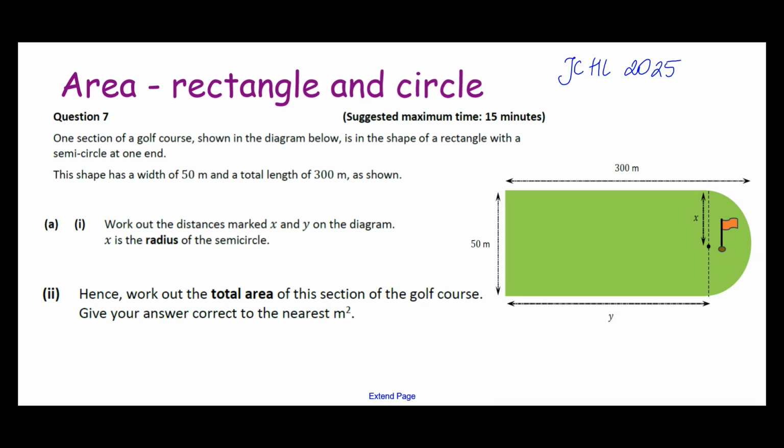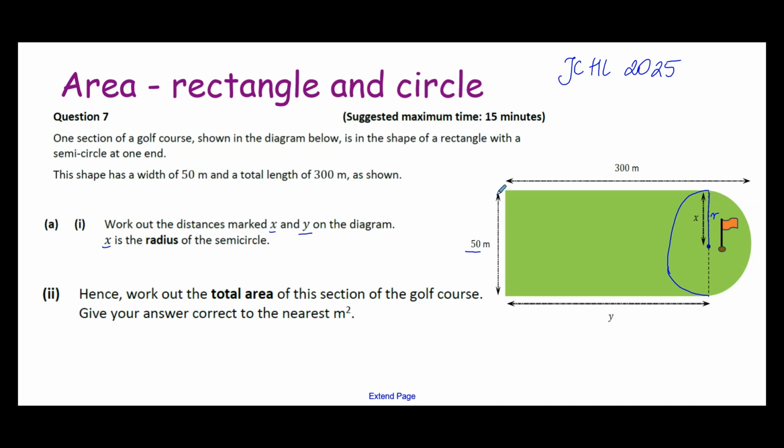So first thing, we have to work out the distance marked X and Y on the diagram. They are making sure we understand that X is the radius of the semicircle. So that is the radius, because we understand that the radius goes from the center to the edge. We know this is half a circle. What do we know when it comes to measurements?